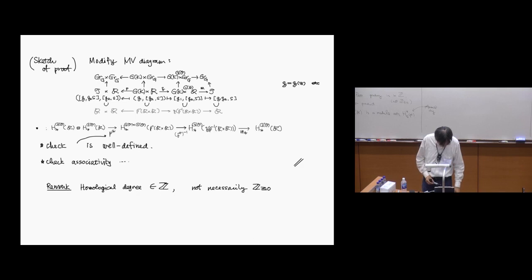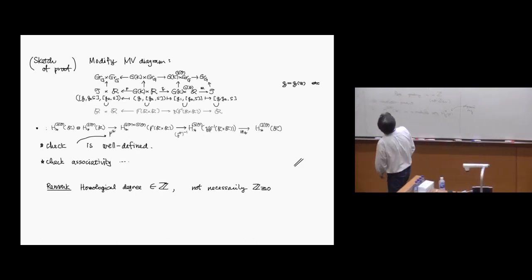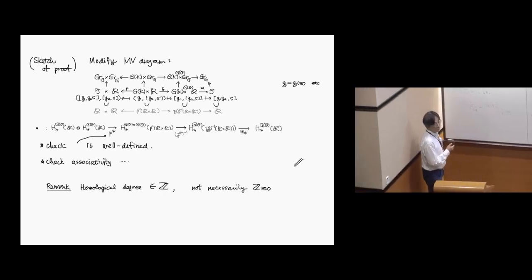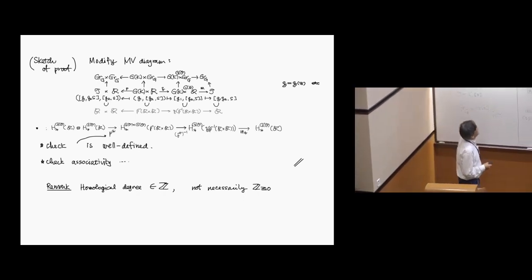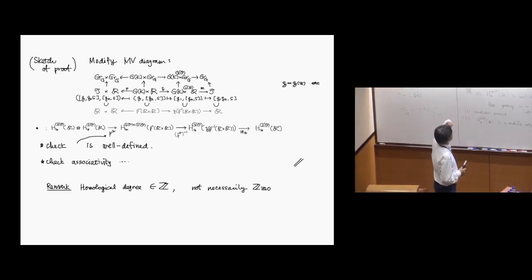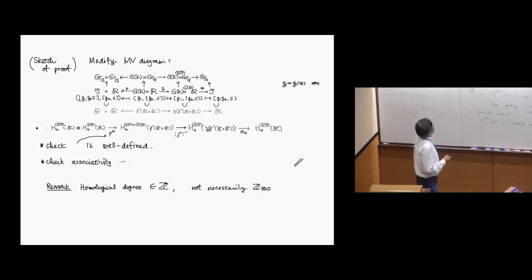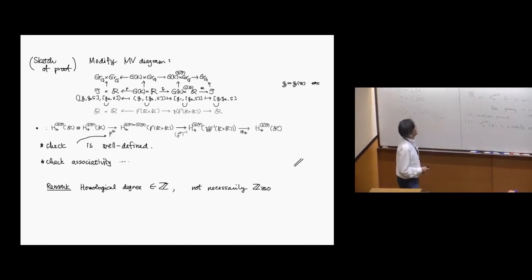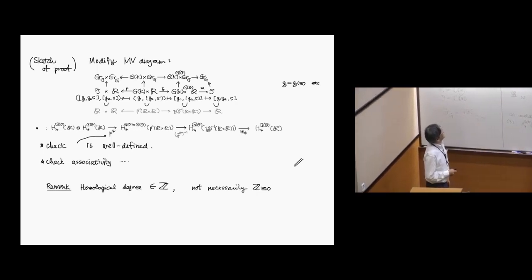Even will explain it tomorrow. Anyway, one technical point is that you must be careful how this pullback is defined. You also need to check associativity. This is the usual diagram chasing argument. And as I wrote here, the grading is in integers, not necessarily non-negative integers.